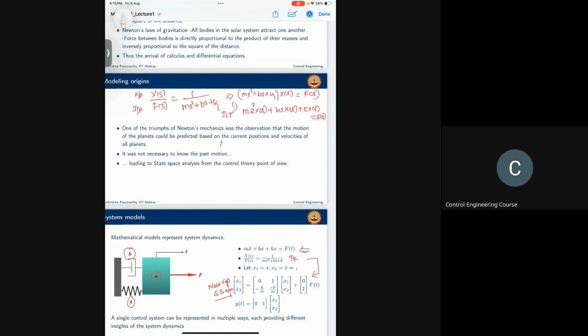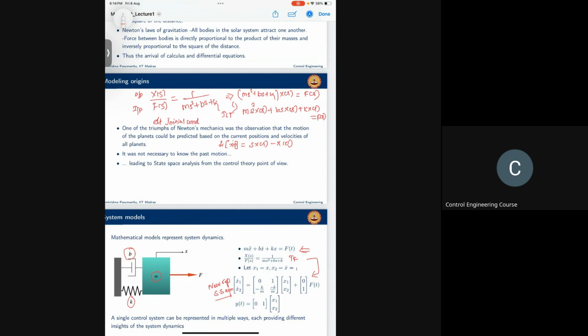We know the Laplace transform of x dot of t is s into X(s) minus x of 0. Here there is no mention of x of 0. Why? Because when you write an equation in terms of a transfer function, you are assuming zero initial conditions. The transfer function definition itself holds at zero initial conditions.